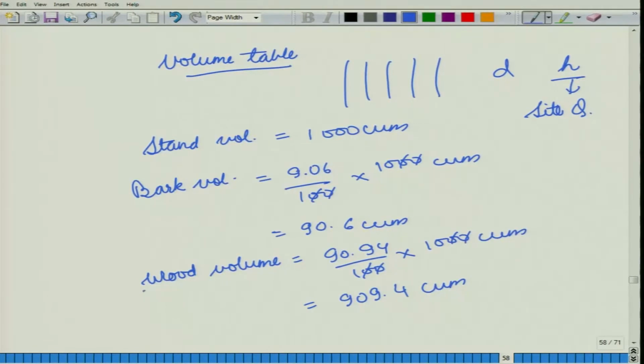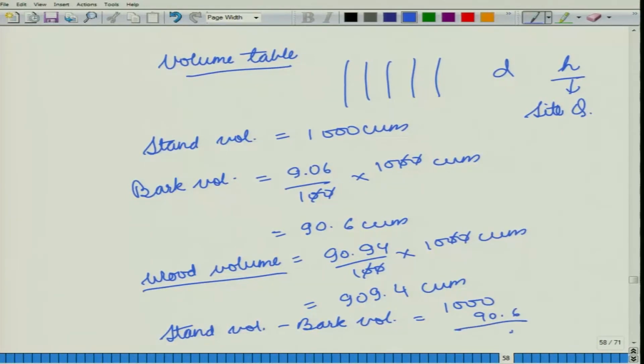We could also calculate the wood volume by taking the total stand volume minus bark volume. 1000 minus 90.6 is 909.4 cubic meters.